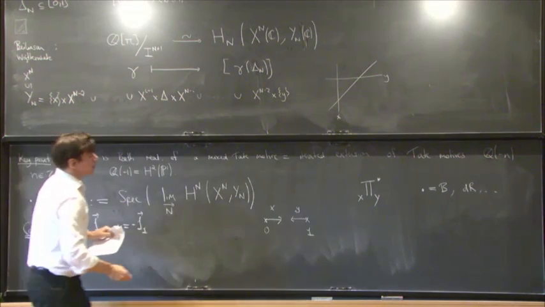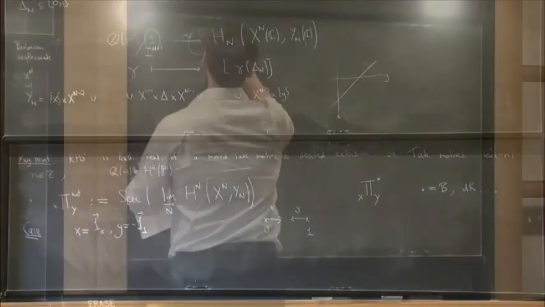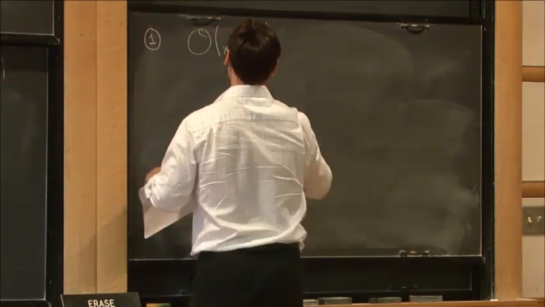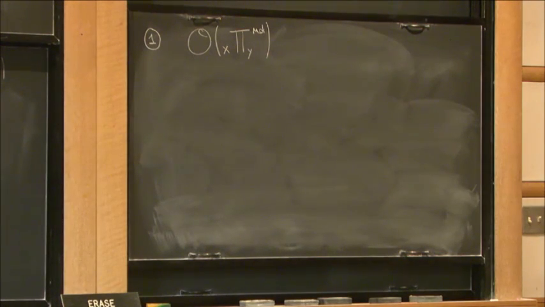But anyway, the upshot of this generalization is a series of bullet points. The first is that the affine ring of the motivic fundamental group from x to y. So from now on, I will call this 0, and I will call this 1.